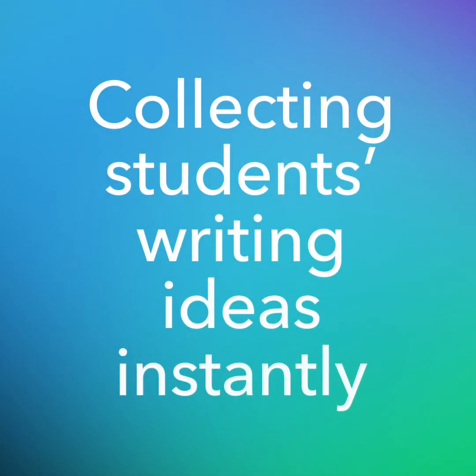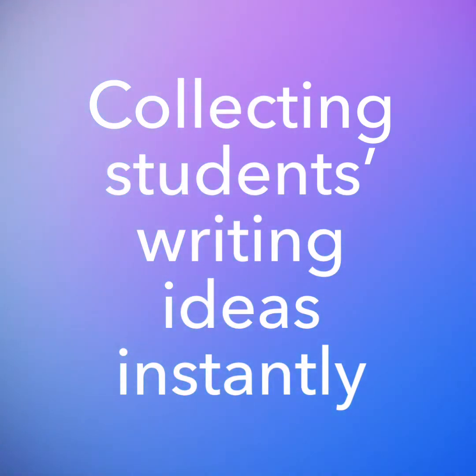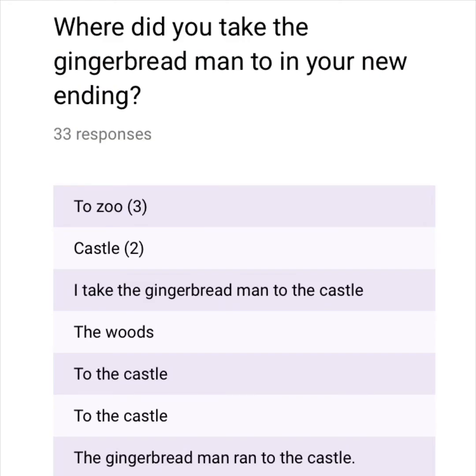By using this Google form, we can also collect students' writing ideas instantly. In the Google form, students also shared their ideas individually about where they took the gingerbread man to in their new ending, so that teachers may check their ideas together as a class.